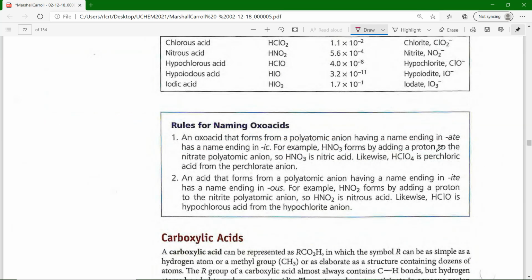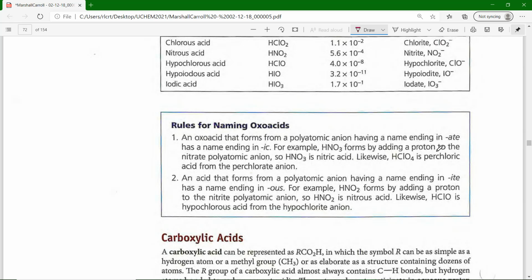Then there's some naming rules. An oxoacid forming from a polyatomic anion with a name ending in ATE has a name ending in IC. So nitric acid came from the nitrate, so that's why it's called nitric. HClO4 is perchloric acid from the perchlorate.